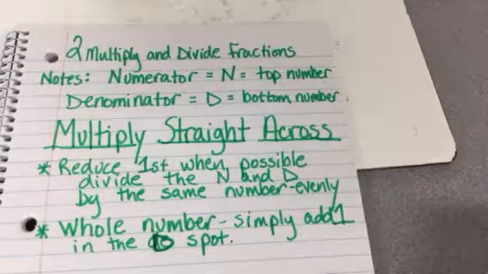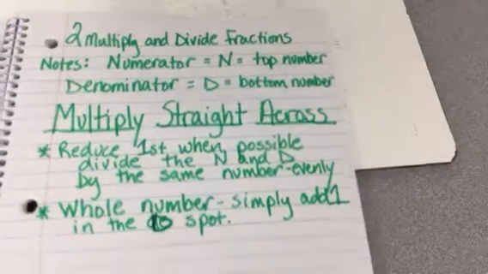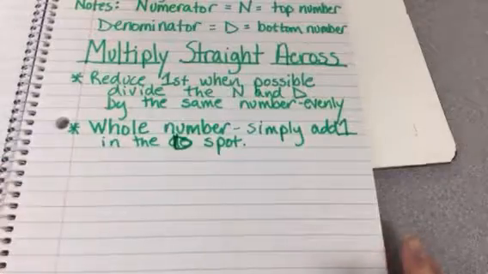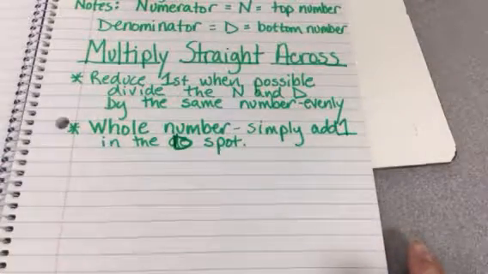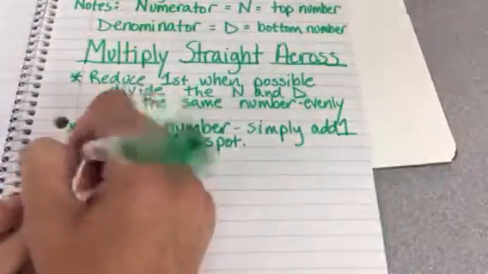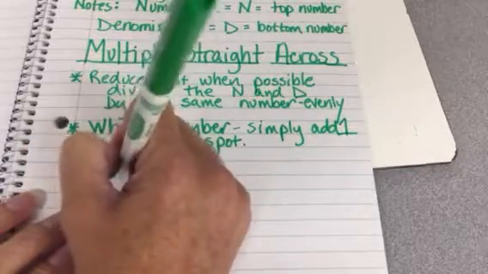Okay, you simply add a 1 in the denominator spot. Okay, so for an example, let's start with an example of that one first. Let's do our example.